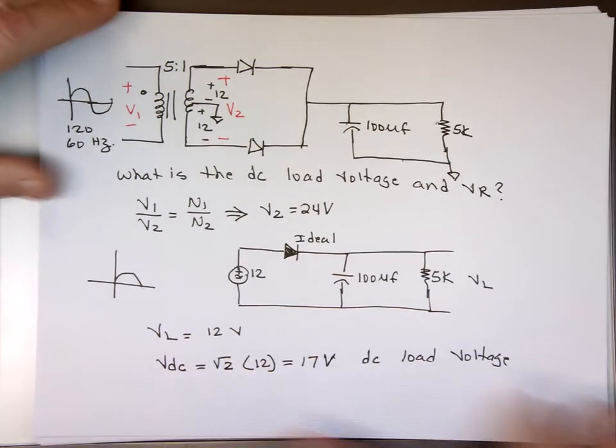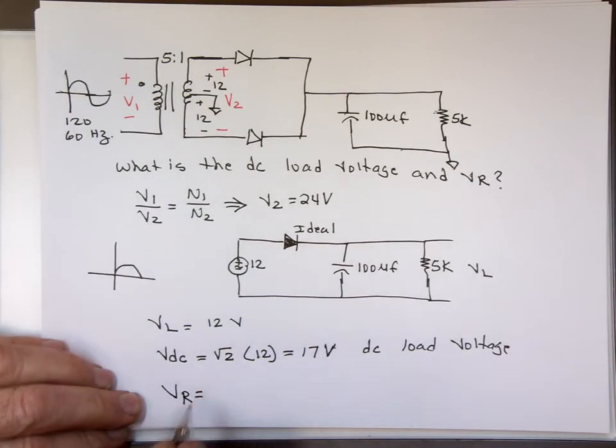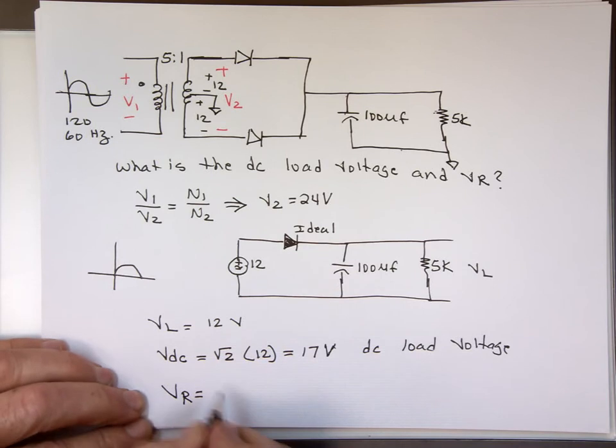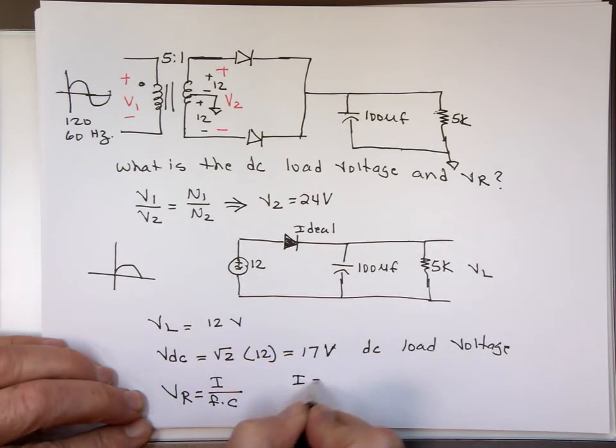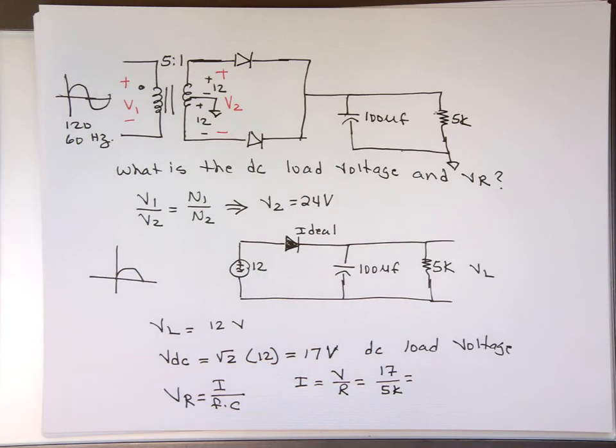So what's the ripple VR? It's I over F times C. But I is going to be the voltage divided by the resistor, which is 17 divided by 5,000, 3.4 milliamp.